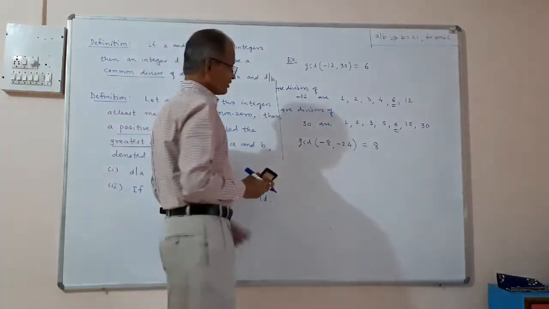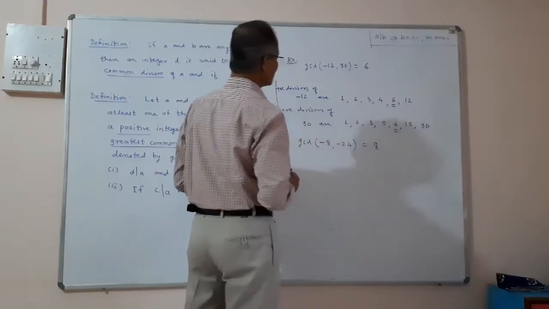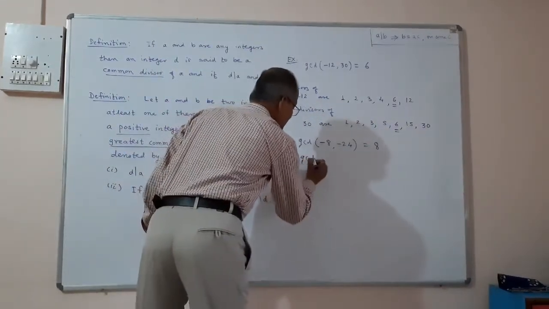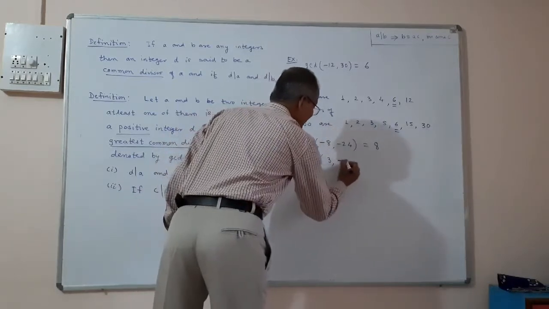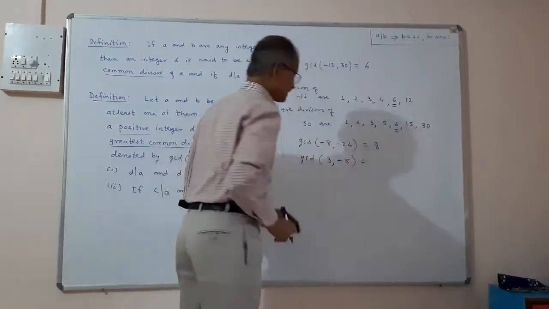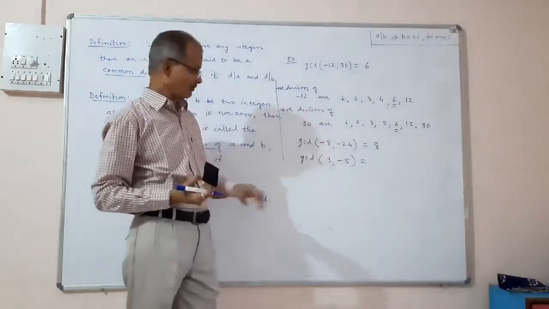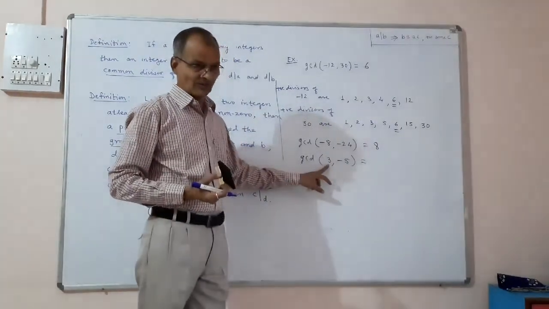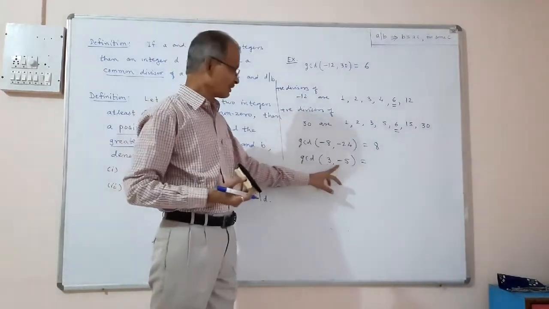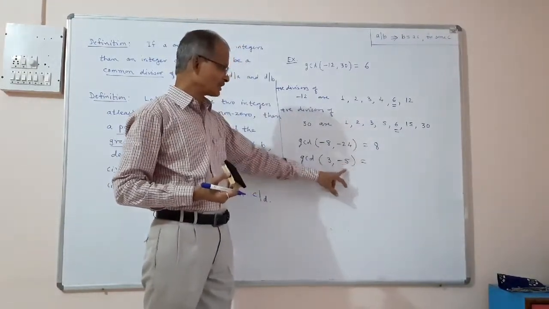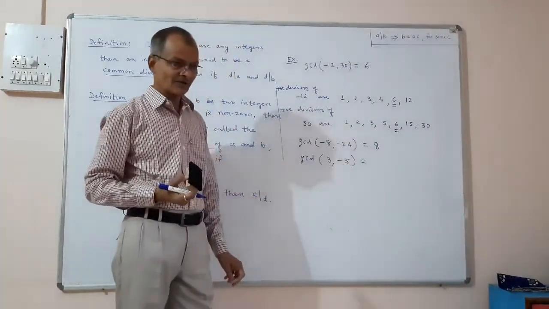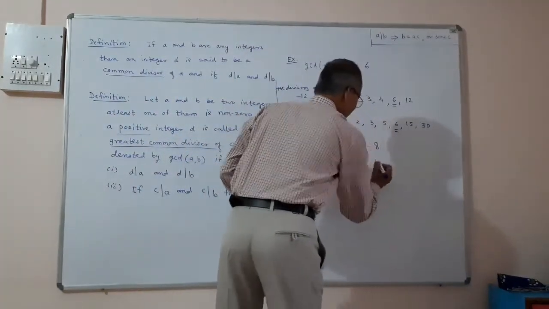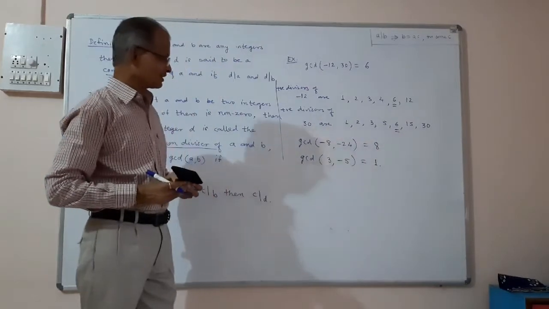Now you may also see GCD of 3 and minus 5. The positive divisors of 3 are 1 and 3 only. The positive divisors of minus 5 are 1 and 5. So therefore the greatest is only 1. This may happen. No other common divisor is there.